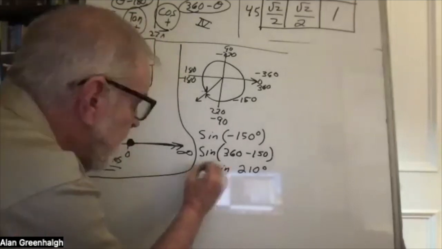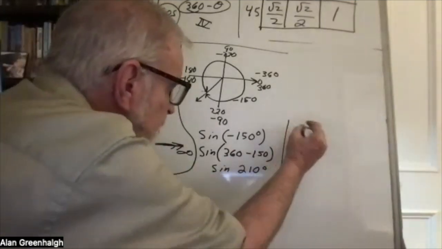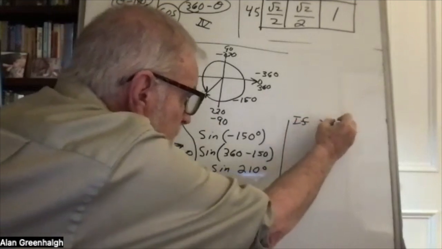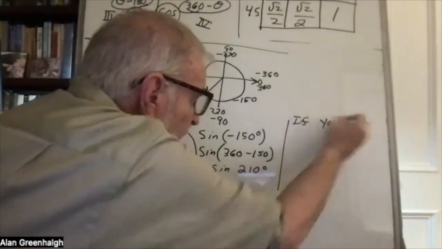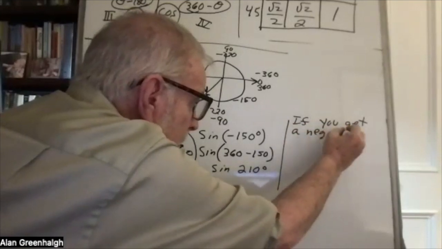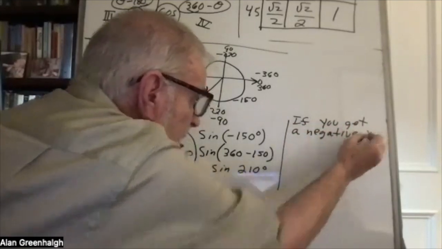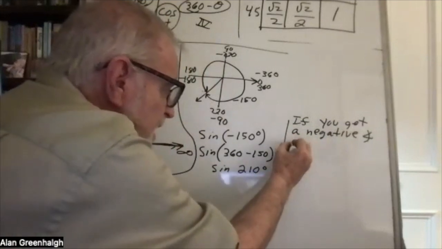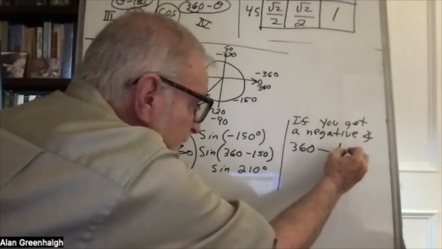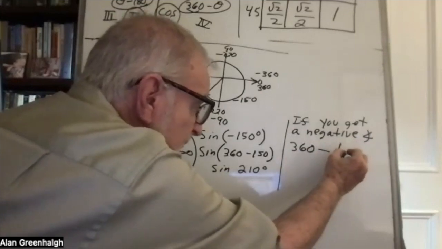So can we generalize this and say that if you get a negative angle, it's going to be 360 minus the absolute value of the negative angle?